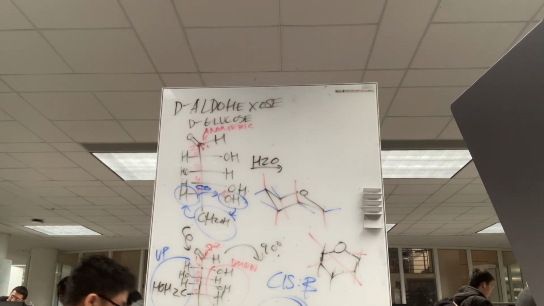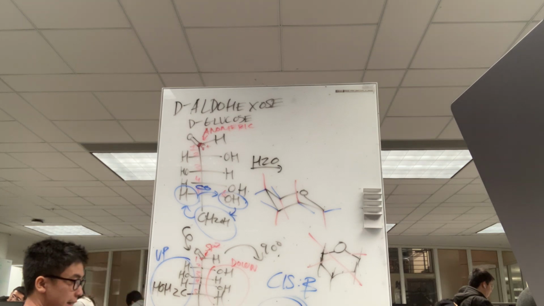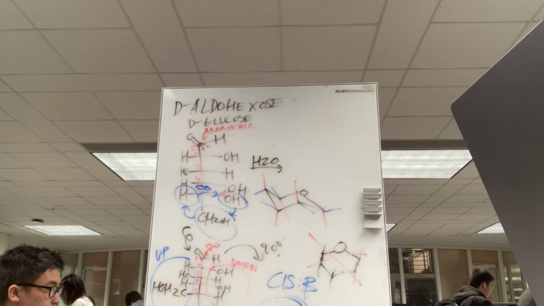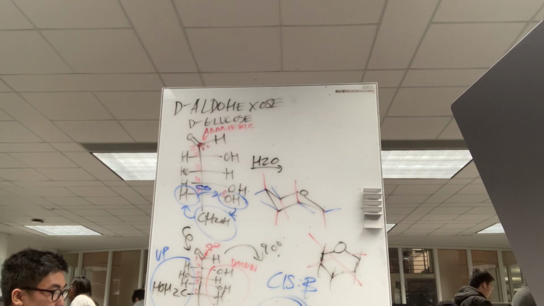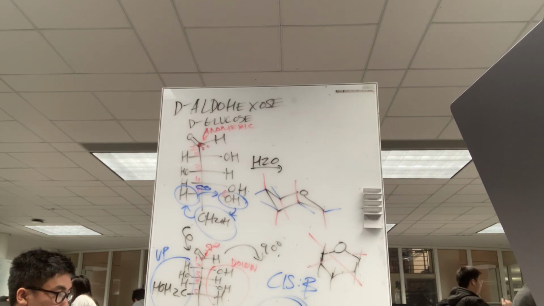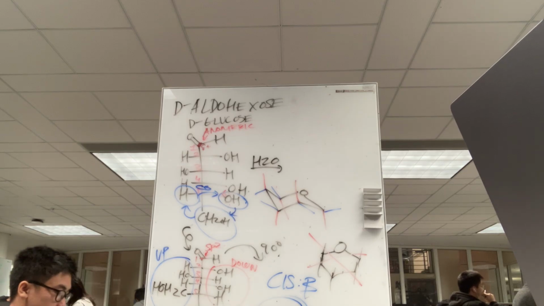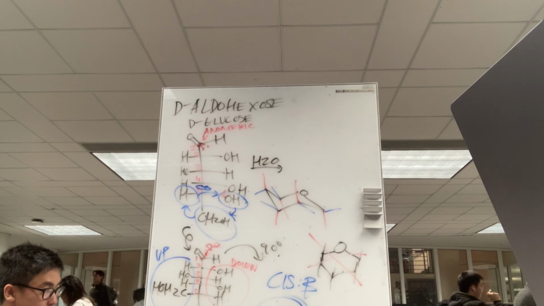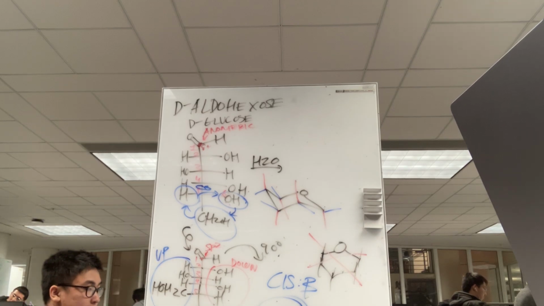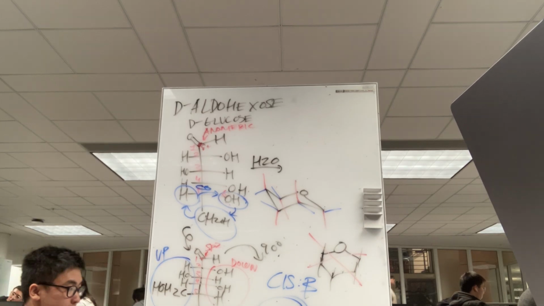Okay. Now, let's look at the beta anomer, and look at carbon 1. Where would the alcohol be for the chair conformation? The axial bond or the equatorial bond? Based on this Haworth projection here, it would be equatorial, right? Because we see the alcohol is going up, and we have to ask ourselves what bond is going up, axial or equatorial?